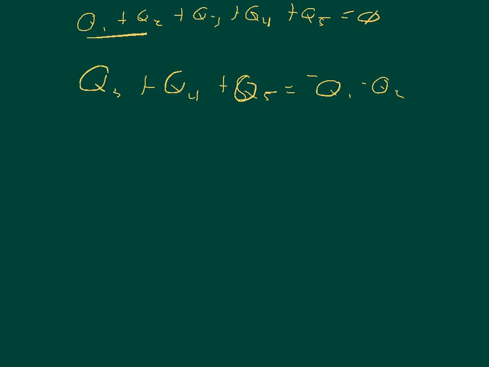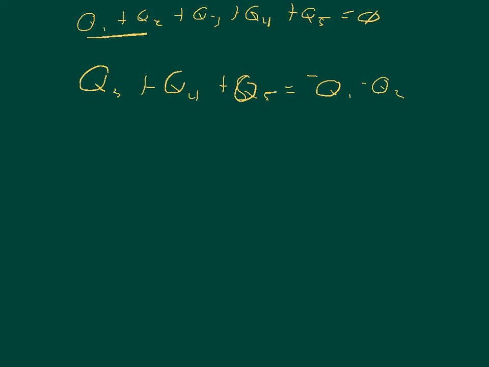And since we already know what Q1 and Q2 are, we're not going to expand those. We're going to keep it as Q1 and Q2 for the entire equation. And then at the very end, we're going to substitute in for the numbers that we know equal Q1 and Q2. But on the other hand, Q3, Q4, and Q5 have to be substituted.